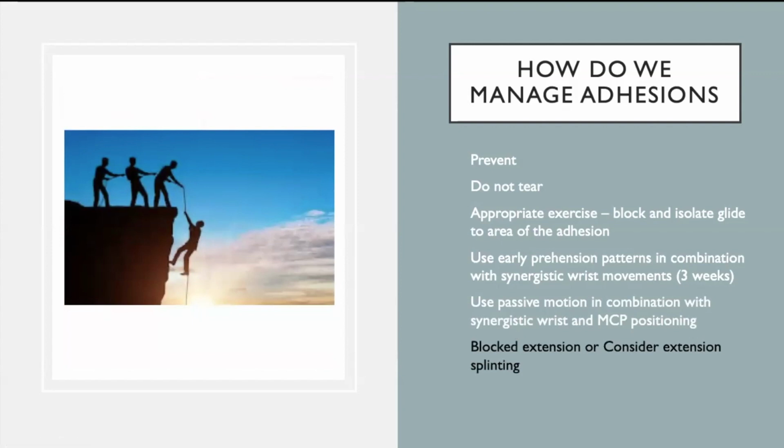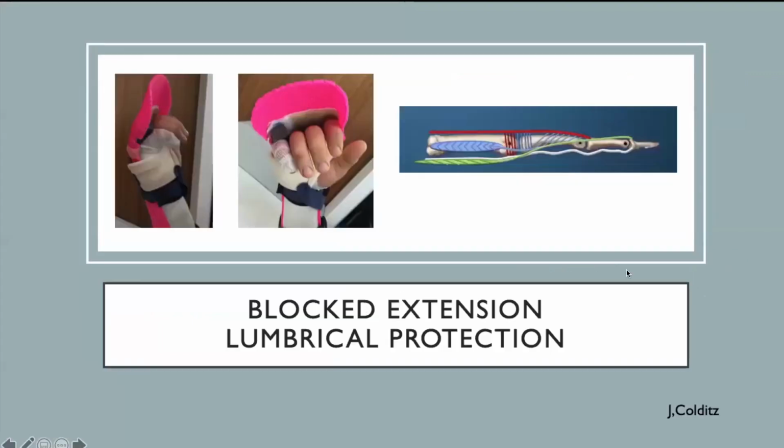We might also consider using block extension exercises, and we might start that quite early, using a paddle pop stick behind the digit in their splint, blocking the MCP into greater flexion and encouraging good PIP and DIP joint extension. Or you might consider some extension splinting at the appropriate time. This is an example of one for a slightly tight tendon.